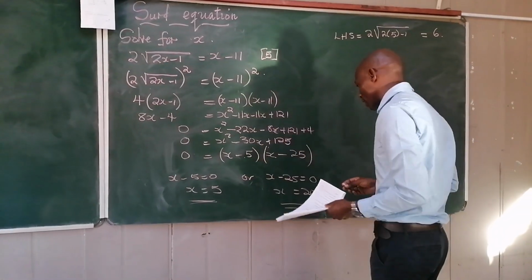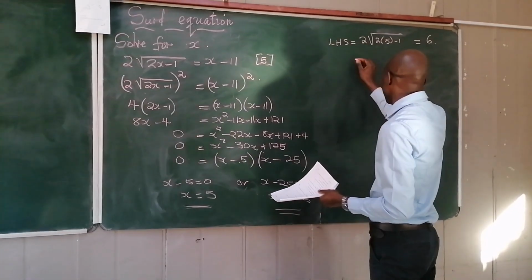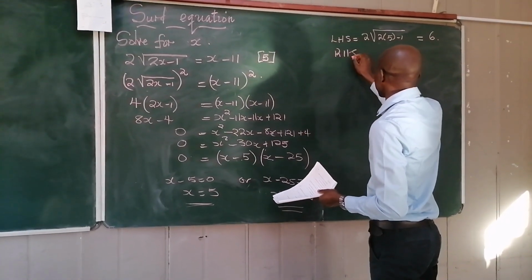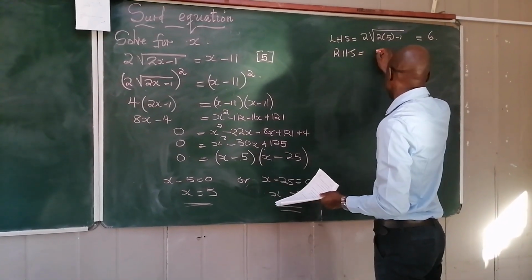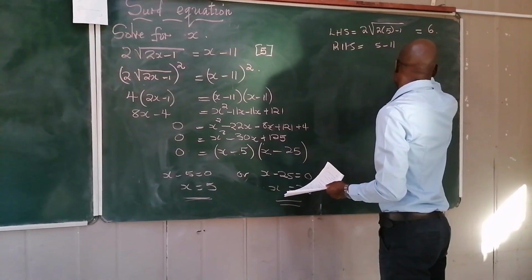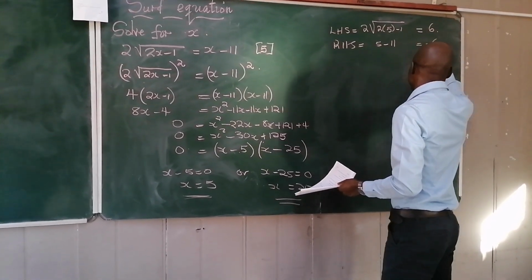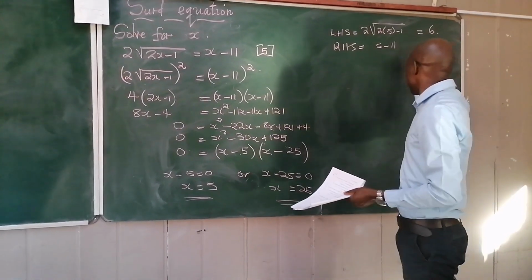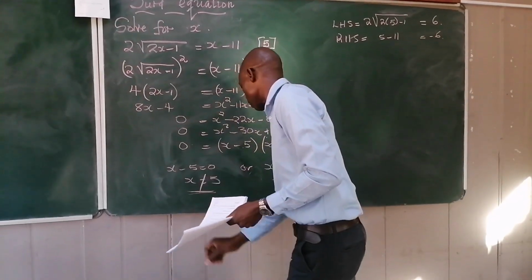Checking the right hand side, our right hand side would be equal to 5 minus 11, this is going to give us negative 6. So therefore, this one is not balancing, and then we cross out.